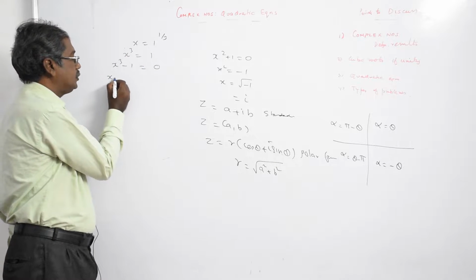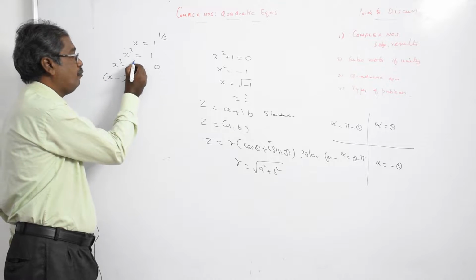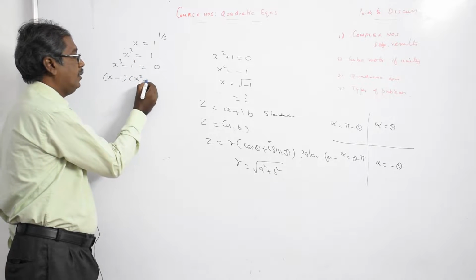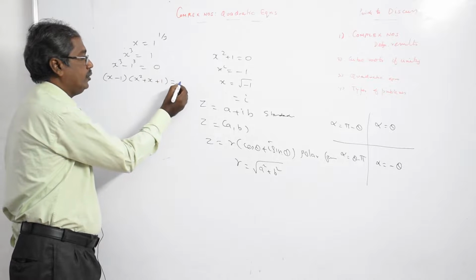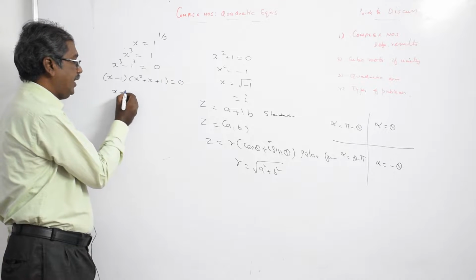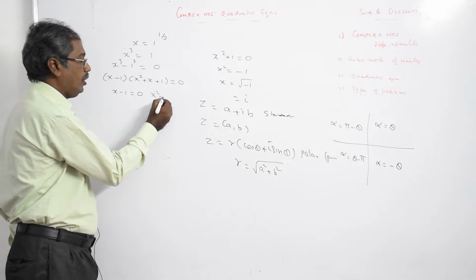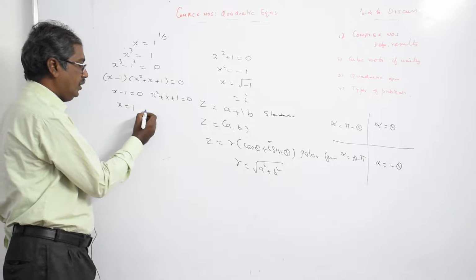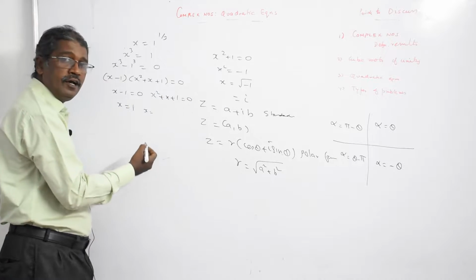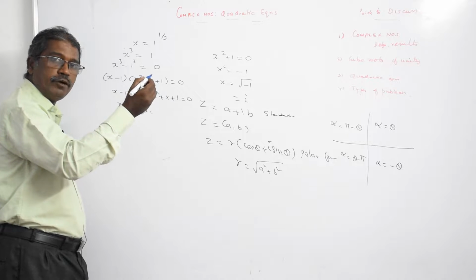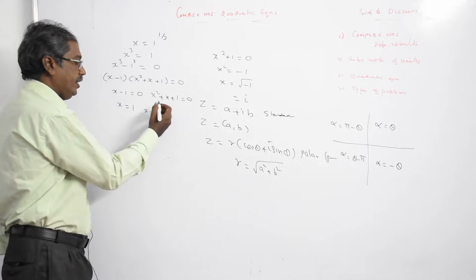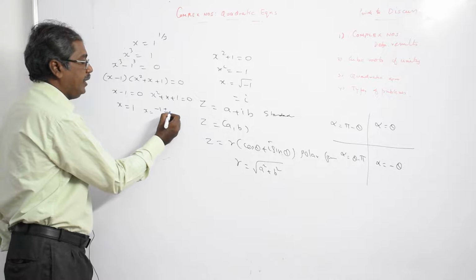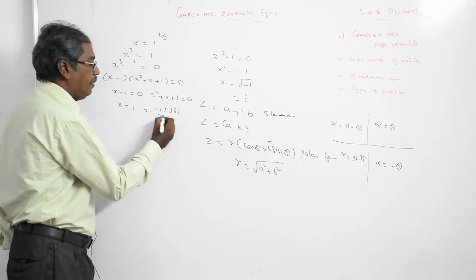Using the a cube minus b cube formula, this becomes x minus 1 times x square plus x plus 1 equal to 0. Now solving this, x minus 1 equal to 0 or x square plus x plus 1 equal to 0. So x equal to 1, or using the formula minus b plus or minus root of b square minus 4ac by 2a, it gives minus 1 plus or minus root 3i by 2.